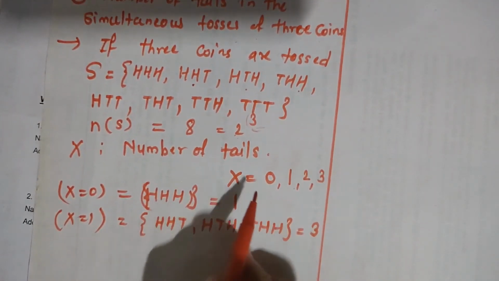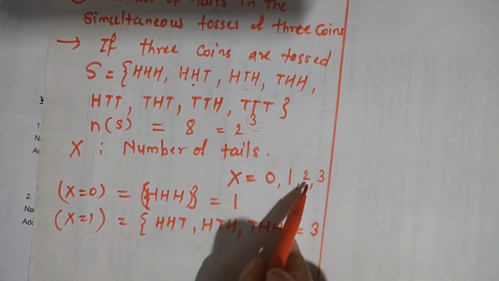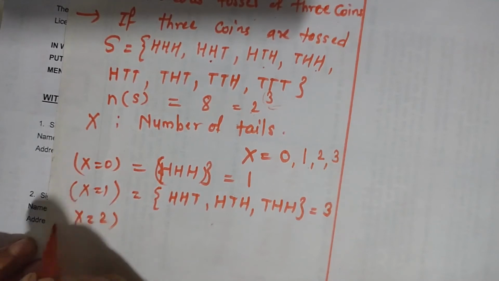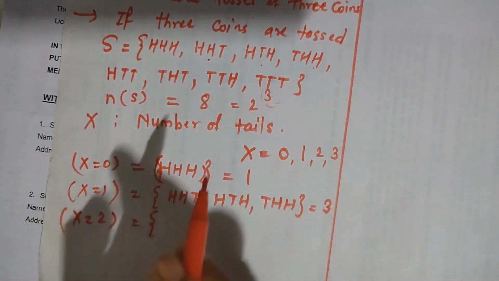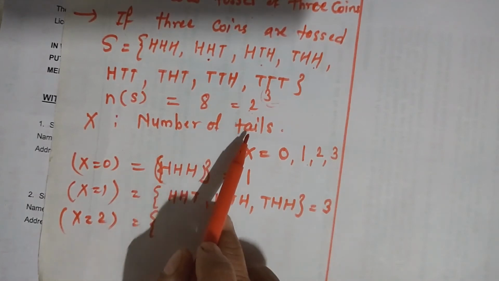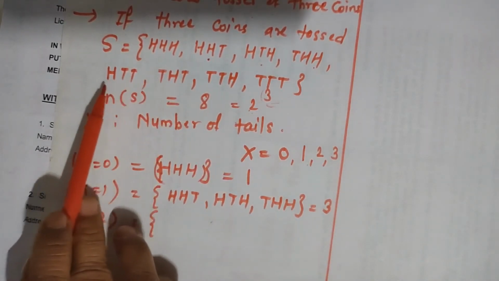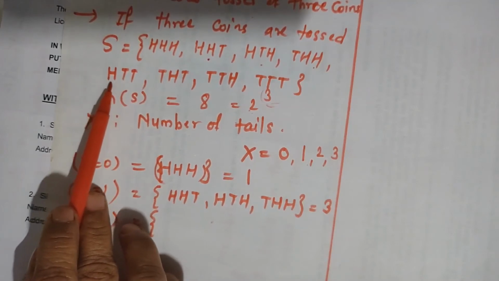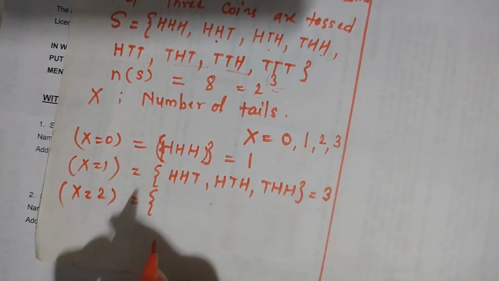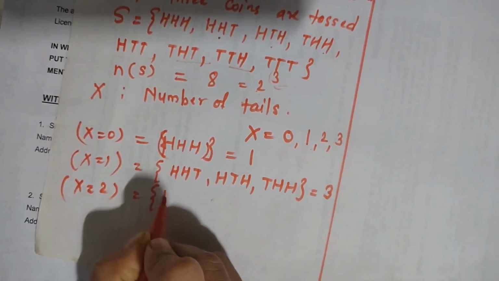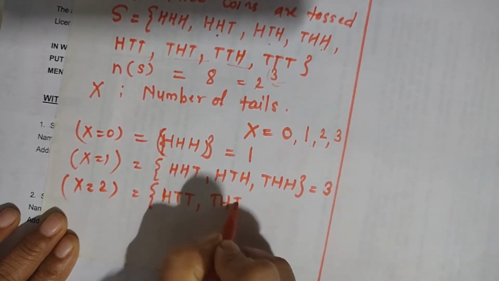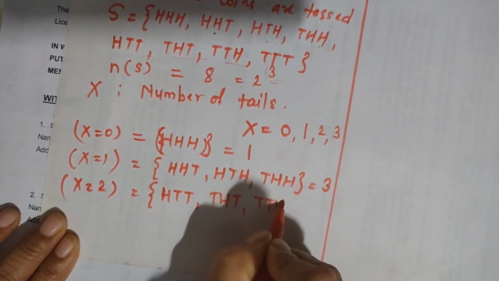Now the next possibility, X is equal to 2. X equal to 2 means 2 tails. The number of ways to get 2 tails is 1, 2 and 3. So the possibilities are 3 and they are HTT, THT and TTH.